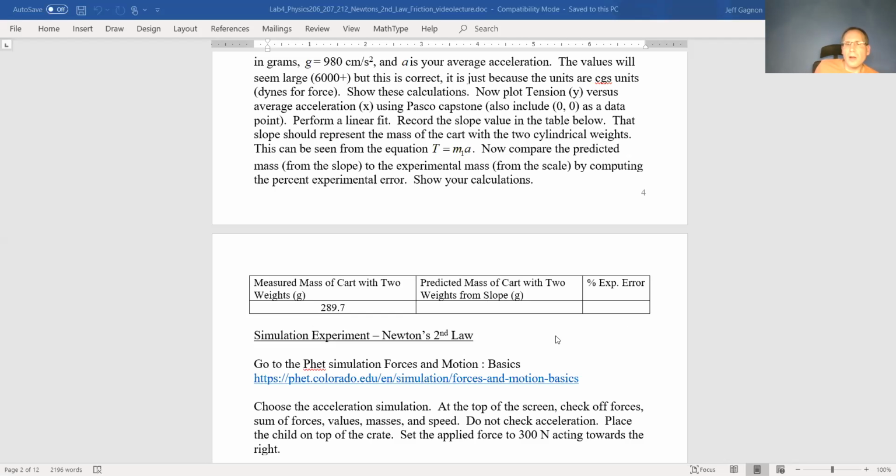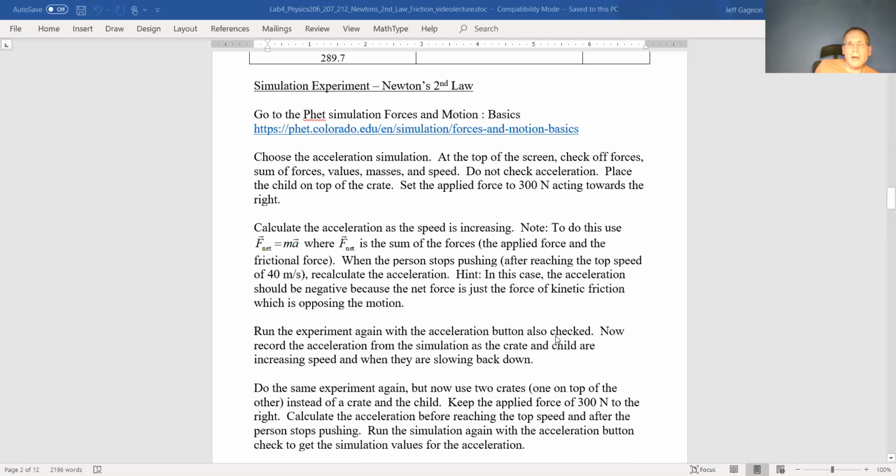Okay, so the next part is I wanted to have you collect some data. Again, the only way that we can realistically do that this semester is using a simulation. So you're going to go to the simulation. It's another one of those PhET simulations from Colorado, which are very good.